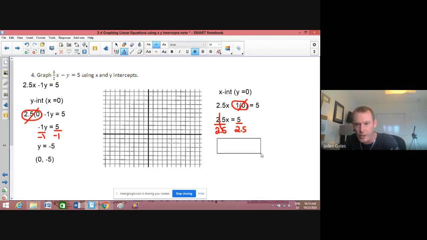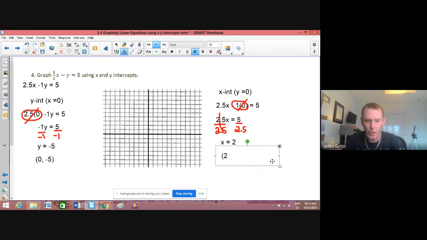And let's see here. I get my calculator because I got a decimal here. I got a positive divided by a positive. 5 divided by 2.5 is 2. All right, and that means my x-intercept is 2. And again, at the x-intercept, the y-coordinate is always 0. All right, I got my 2 points.